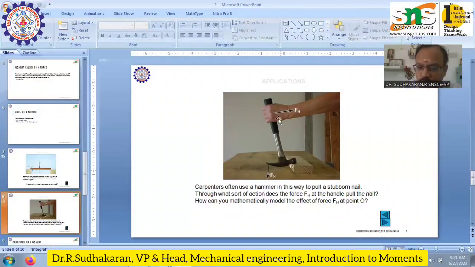This rotational force, that moment, helps to remove the nail from the block. What is the moment required to pull the nail from the block? That can be determined from the magnitude of the force applied and the perpendicular distance between the nail and the force being applied.